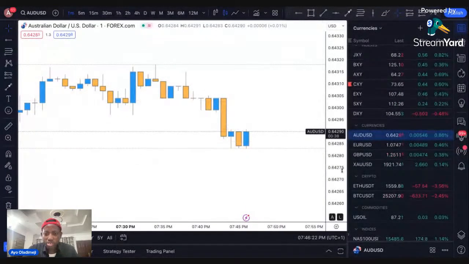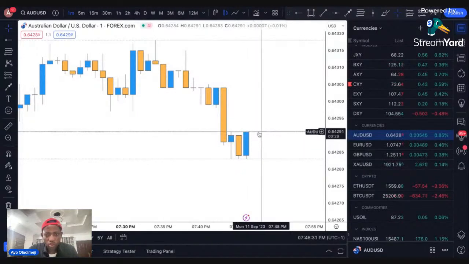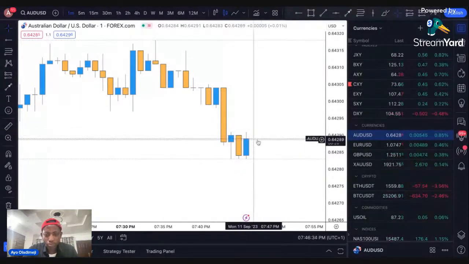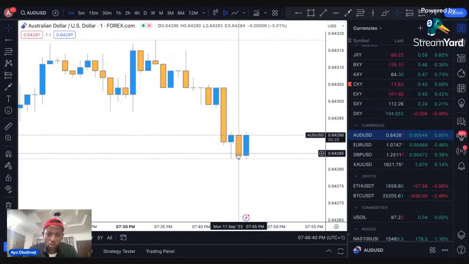And this candle, you can see this is the lowest point that it has been so far, and it's still going up. Is it going to close as a bullish candle? We don't know yet. On my own chart, a bullish candle is colored blue, a bearish candle is colored orange.